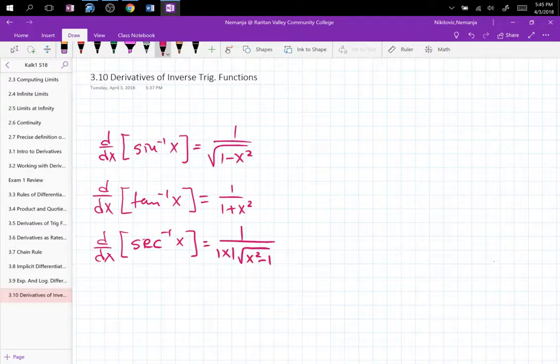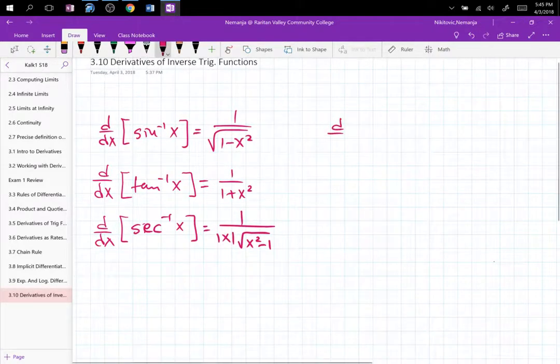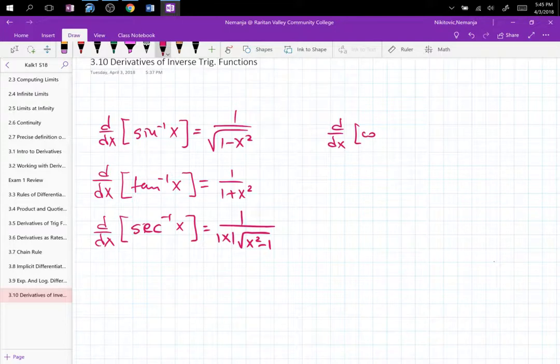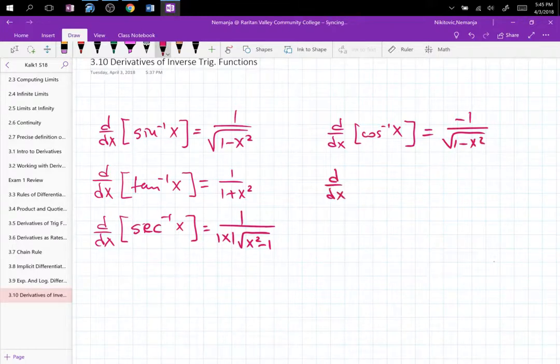We have the other 3, and the other 3 are the same formulas with a minus everywhere. So what is the derivative of inverse cosine of x? It's negative 1 over the square root of 1 minus x squared. The derivative of cotangent inverse of x is just negative 1 over 1 plus x squared.